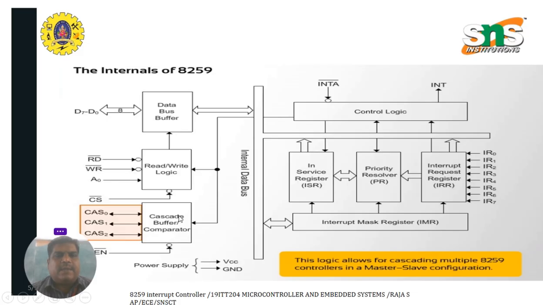The cascade buffer block allows cascading multiple blocks with the 8086 processor in a master and slave configuration. The control logic provides control over whether to accept the interrupt, and provides the interrupt acknowledgement pin. And finally, the interrupt performing block is carried out by four blocks: the in-service register, interrupt priority resolver, interrupt request register, and interrupt mask register.